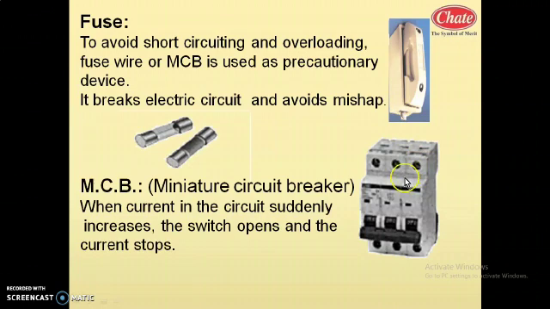But in your circuit there is one special part, that is the fuse, which has a very low melting point. So at first this part melts before the other connecting wires catch fire. This part melts, it breaks, it fuses, and that particular part in the electric circuit is called a fuse.